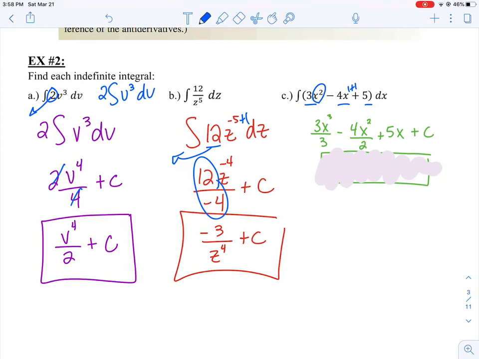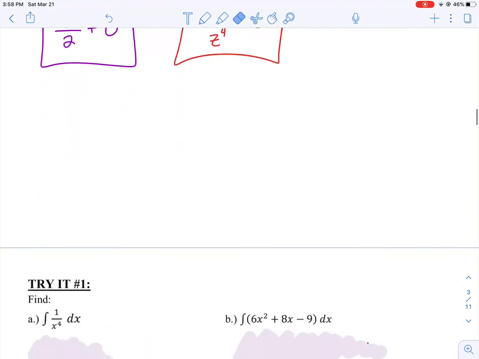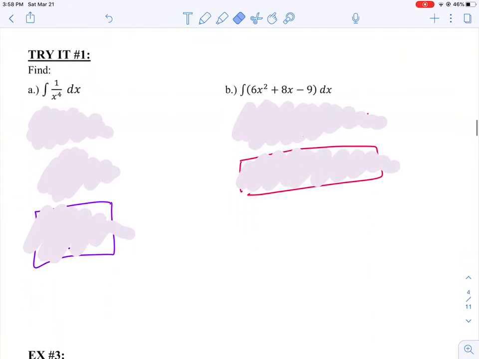And then on the 5, we know that the antiderivative of 1 is just x, so now I have a 5x. And then don't forget your constant of integration at the back. Simplifying it a little bit, you should have a final answer of x cubed minus 2x squared plus 5x plus c. Okay? All right, so applying our 3 different rules now to find antiderivatives.